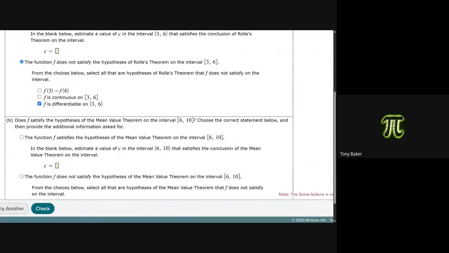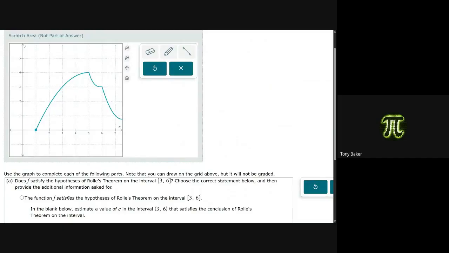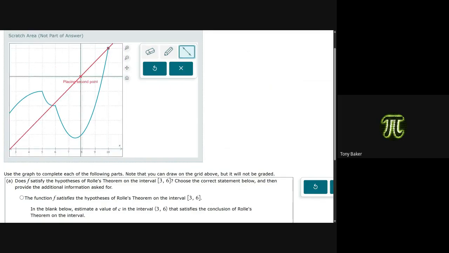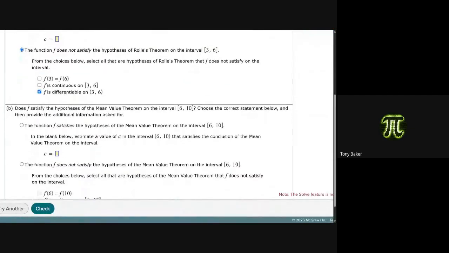All right, from 6 to 10. From 6 to 10. Is it continuous? Differentiable? Yes. So then there's got to be a value that works.